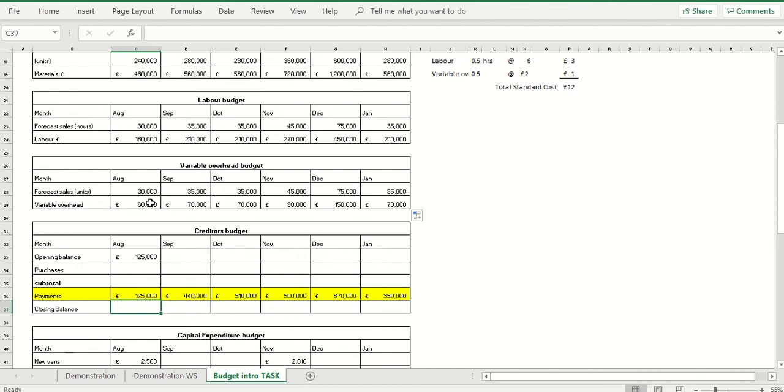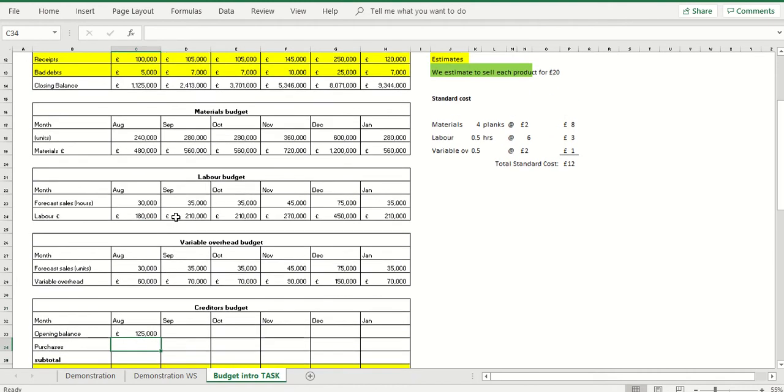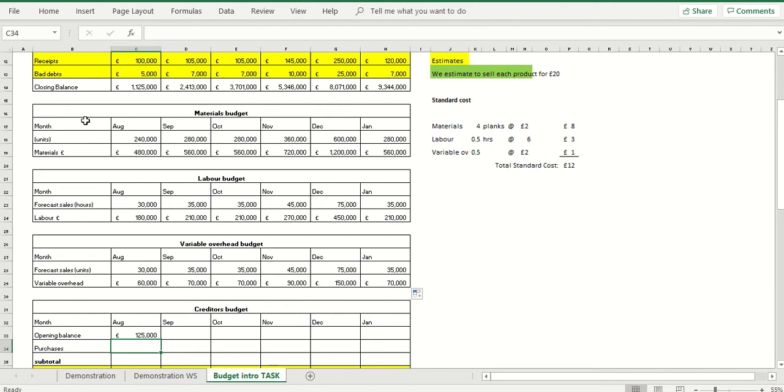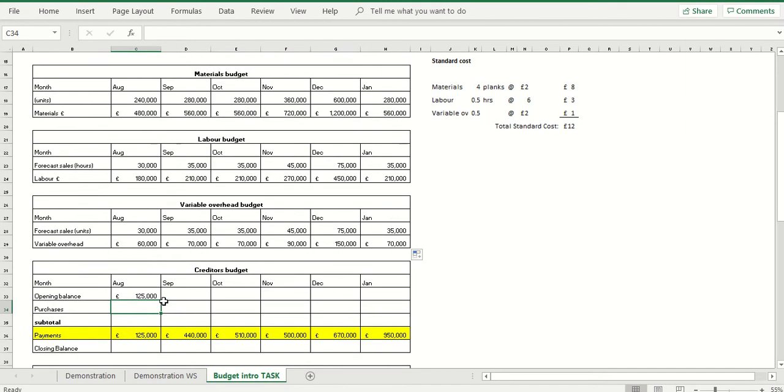Well, first of all, we need to work out the purchases. So the purchases are coming from our materials. That's us having to have bought those materials. So we can see here that in terms of our materials, we expect to need to buy £480,000 worth of materials. So all we have to do is effectively say our purchases here are equal to how much we calculated in the materials budget up here.